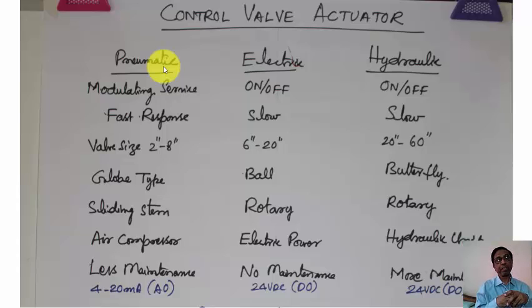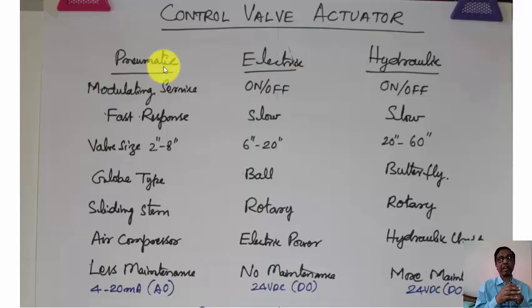There are electric actuators also, but these are for on-off applications, meaning full open, full close. They will not take any middle position. Hydraulic actuators are also mainly for on or off application, again full open or full close.